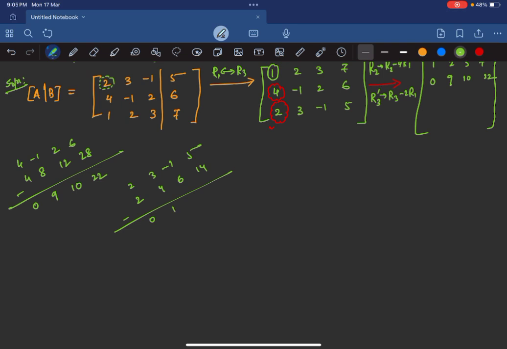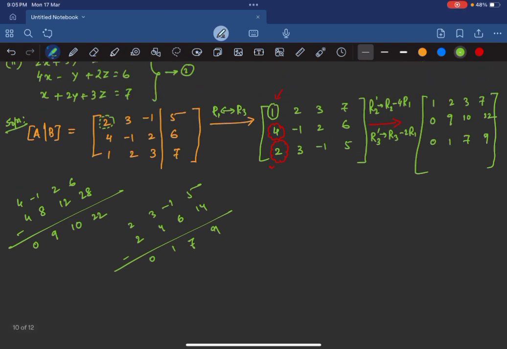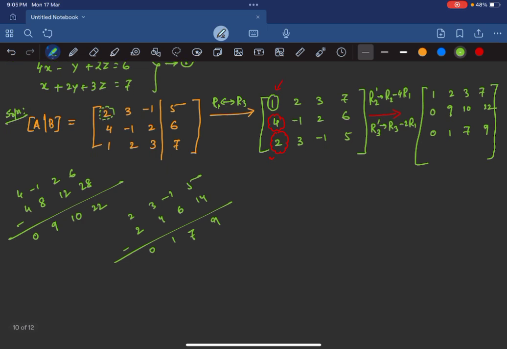So what you are getting is 2 minus 2, that is 0, 3 minus 4, that is minus 1, here 6 minus of minus 1 is 7, 14 minus 5 is 9. So in the next step you are getting 0 minus 1 7 9. So you can keep this one as it is.